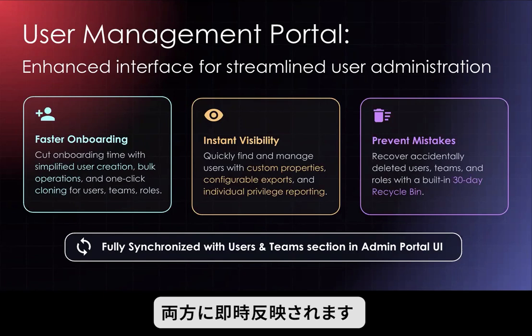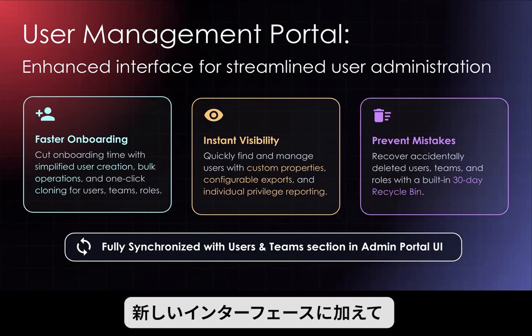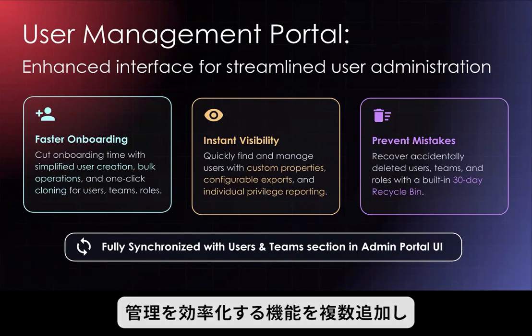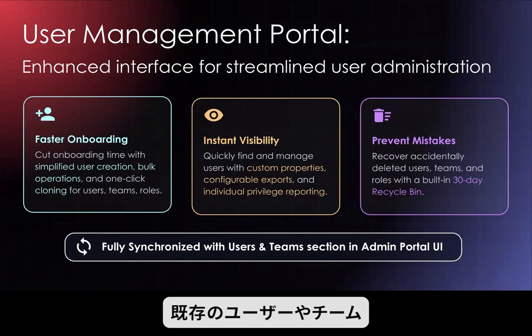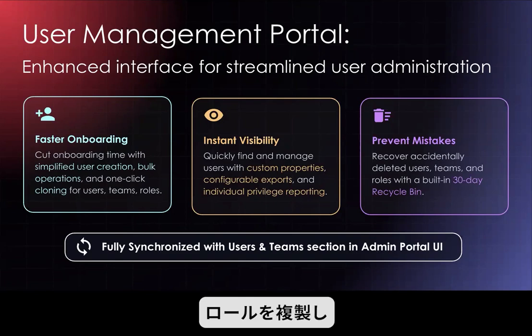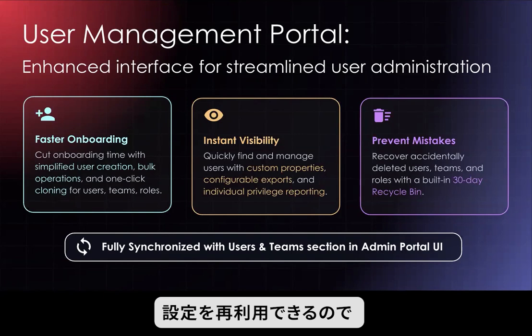Alongside the new interface, we've also introduced several enhancements that make administration faster and more efficient. First, we've streamlined onboarding. Administrators can create users with minimal required information, perform bulk operations across multiple users, and clone existing entities such as users, teams, or roles to quickly replicate configurations.